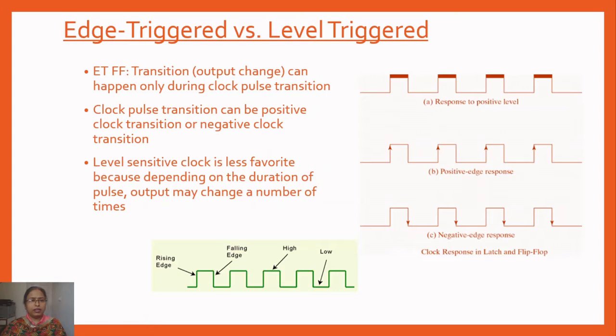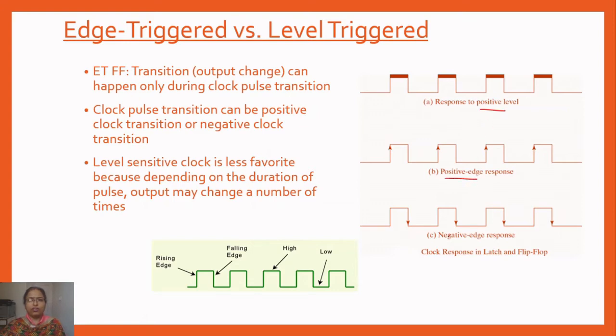In that case, the clock can be edge triggered or level triggered. The manner in which we take the clock determines the instant at which the operation of the circuit will take place. Edge triggering can also be of two types: positive edge triggered or negative edge triggered.